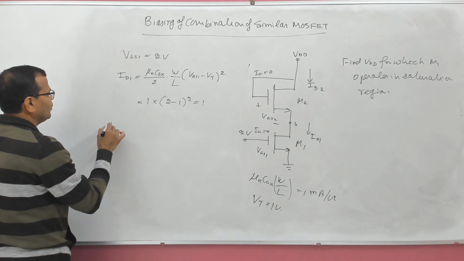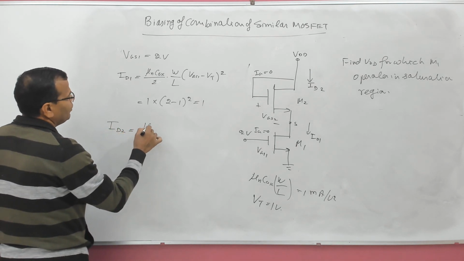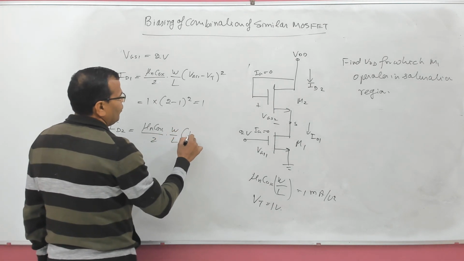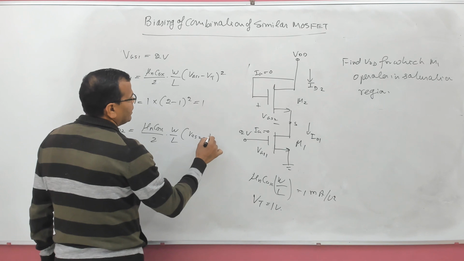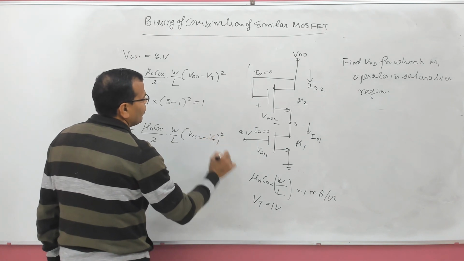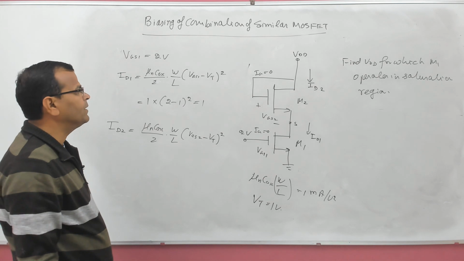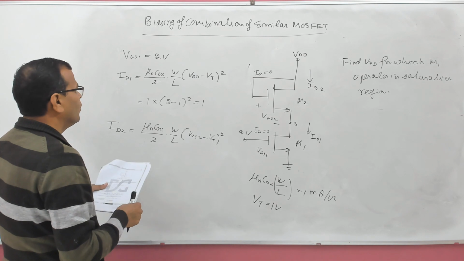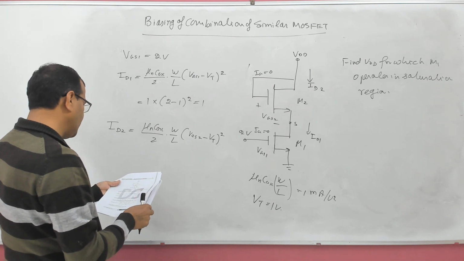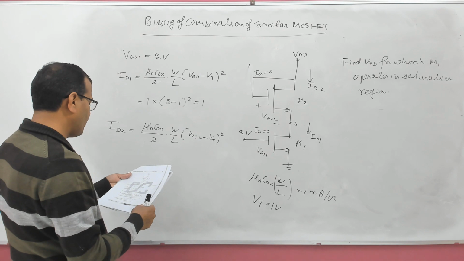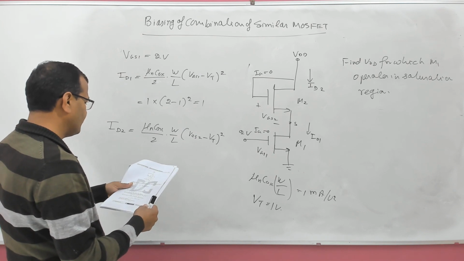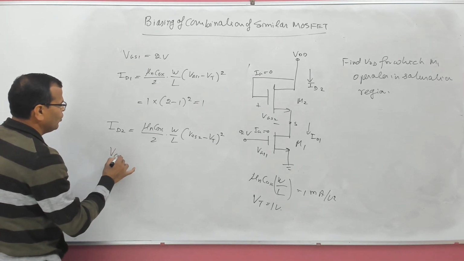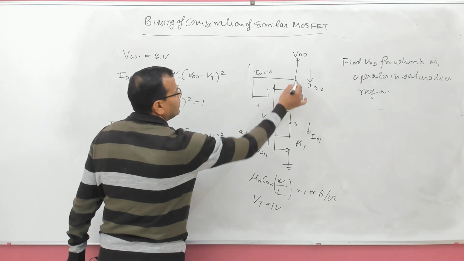Now what is ID2? ID2 here is μn Cox by 2 into W by L into VGS2 minus VT whole square, right? So now VGS2 in this case is nothing but VDS2. So what is VGS2? VGS2, please see it carefully, that is what?